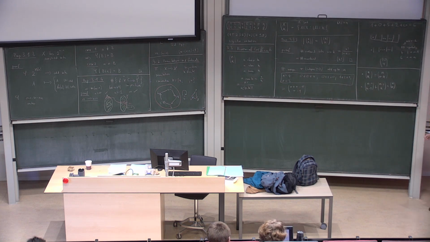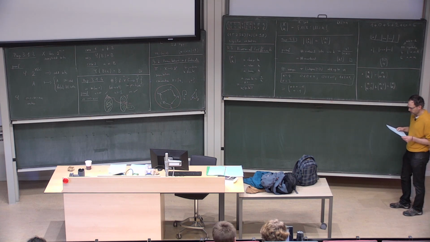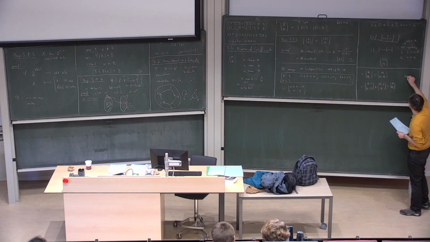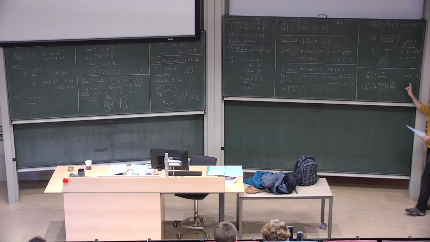Again, there is a nice combinatorial way. If I have the subsets of size k, let's say I have the set X equals 1 to n, and I want to look at all subsets of size k.